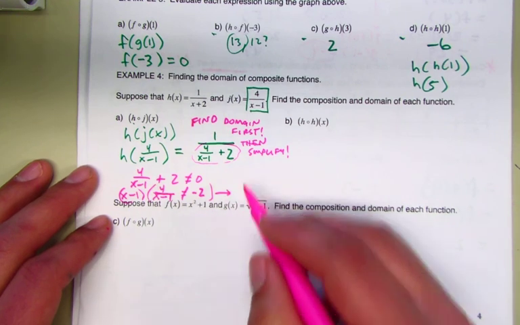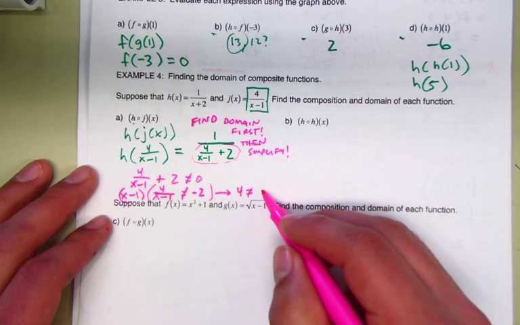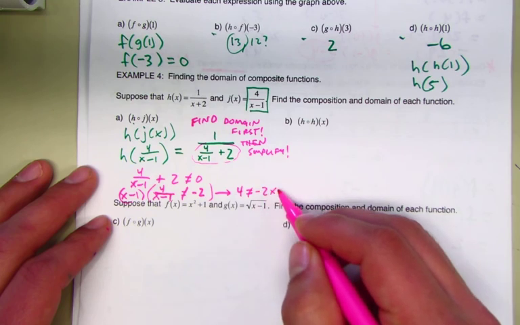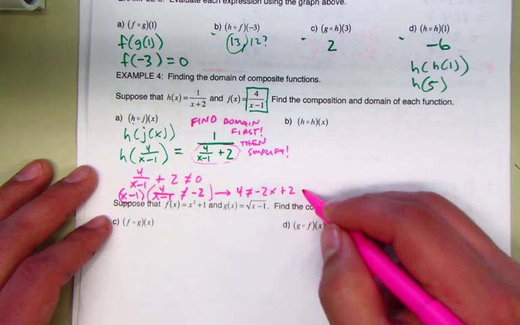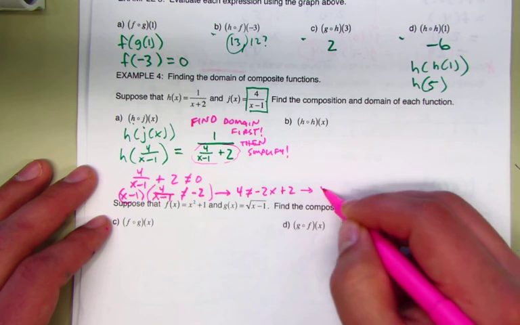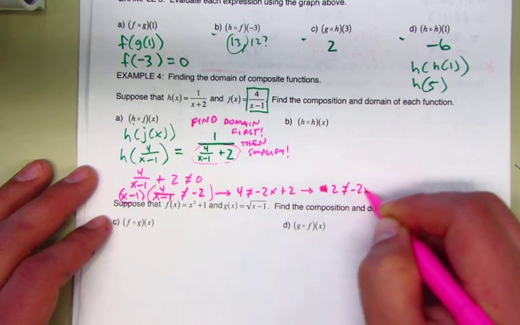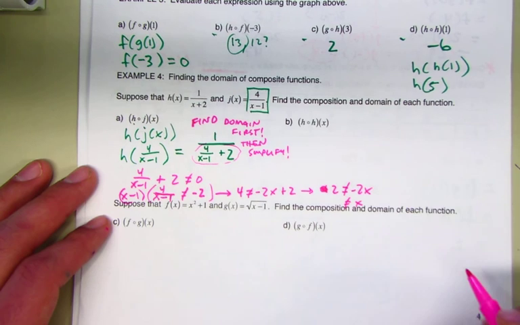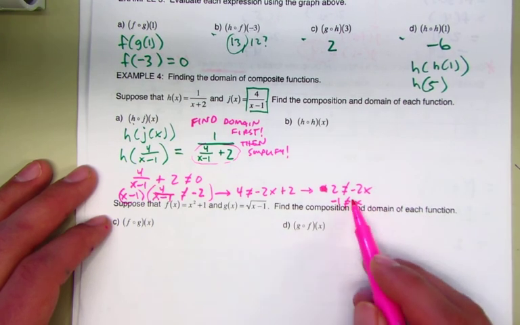So now we get 4 cannot equal -2x plus 2. Subtract 2. So now we get 2 cannot equal -2x, so x cannot equal -1. Okay, so there's one of the x values that does not work.